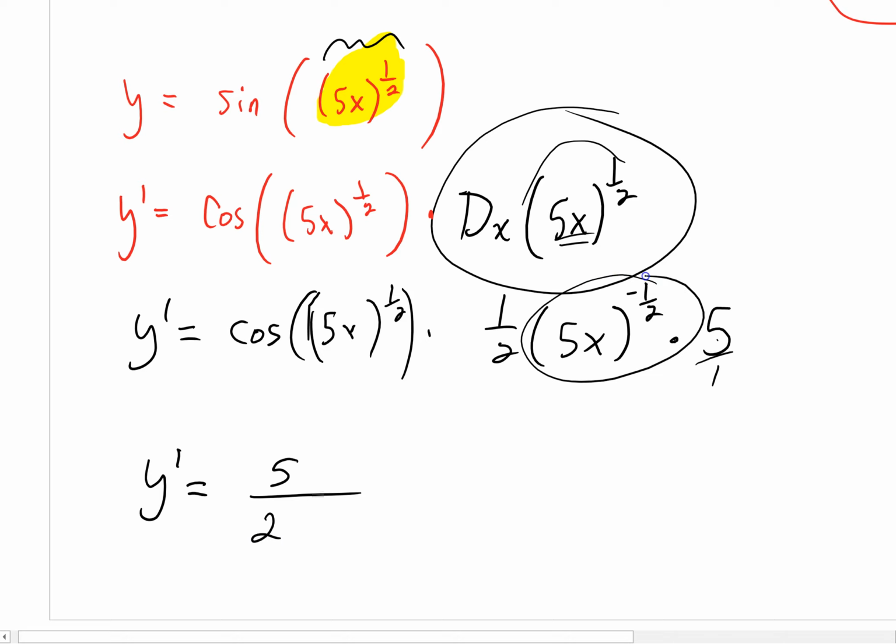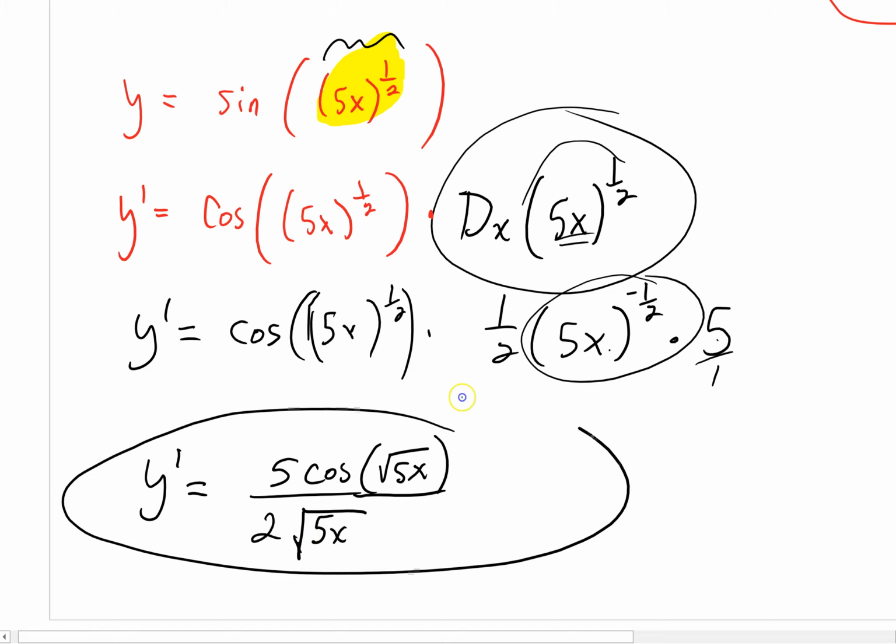I've got a negative power right here, so that's going to come down. And it's a 1/2 power, so if you want, you could keep it as a radical. And then what about up on top? Well, you've got your cosine, and inside of cosine you've got the square root of 5x, or 5x to the 1/2 power. That is really all you've got to do.